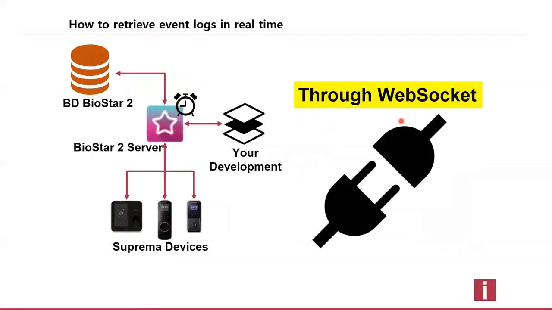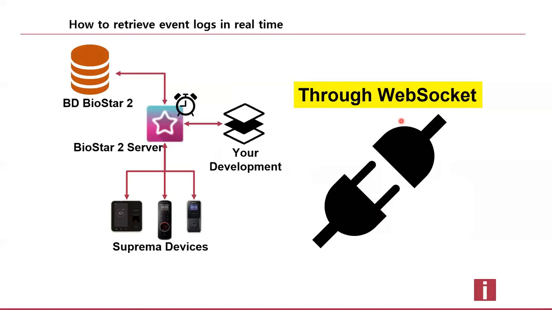And when you may want to retrieve the event logs in real time, you will use the WebSocket interfaces, okay? And why? Because when you use the API as a RESTful API, it takes some time to first register the events through the server, then to store those events in the database, and then the API retrieves the data from the database.